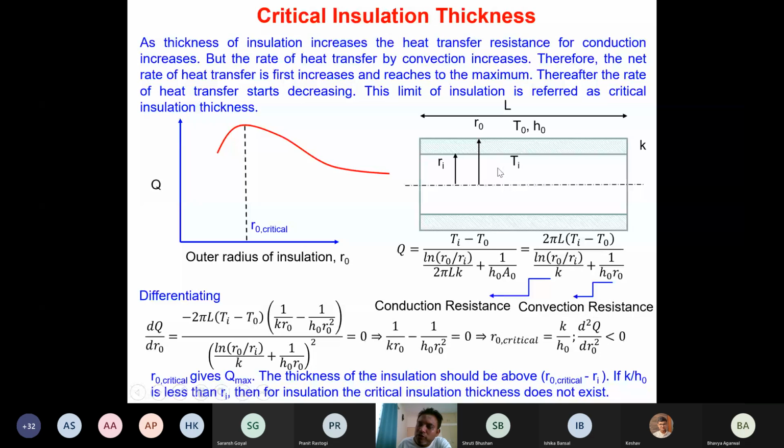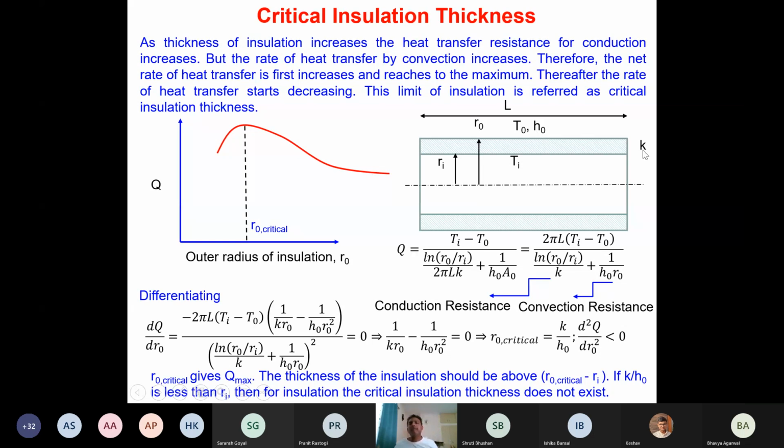Ti is the temperature inside, Hi is the heat transfer coefficient inside, and the inner radius is Ri. The outer radius of the insulation is R0, so R0 minus Ri is the thickness of the insulation. T naught is the ambient temperature and H naught is the heat transfer coefficient outside. The length of the pipe is L, and the thermal conductivity of the insulation is K.